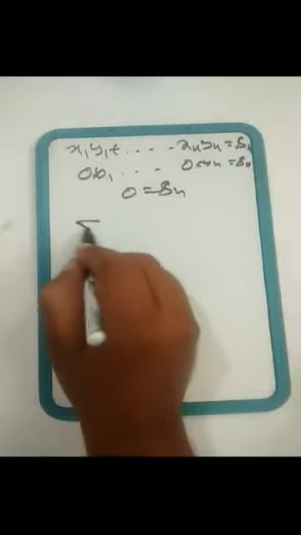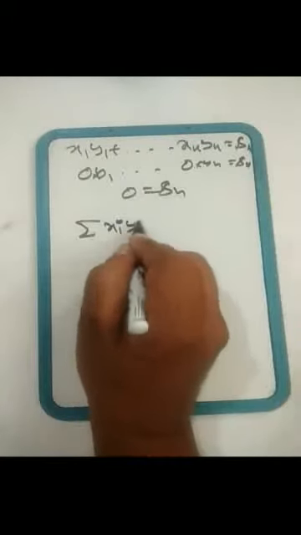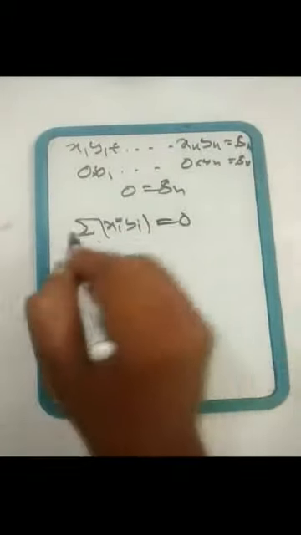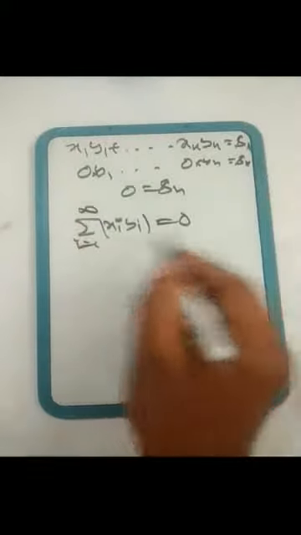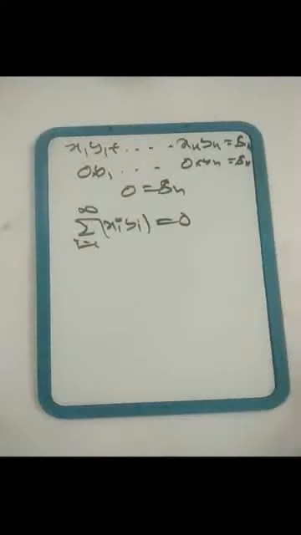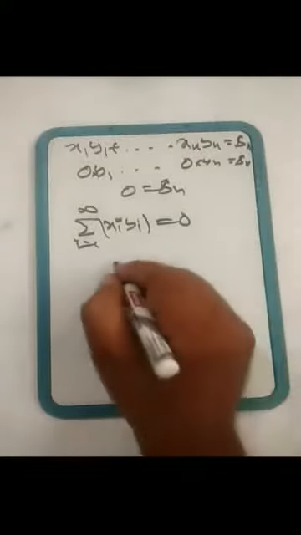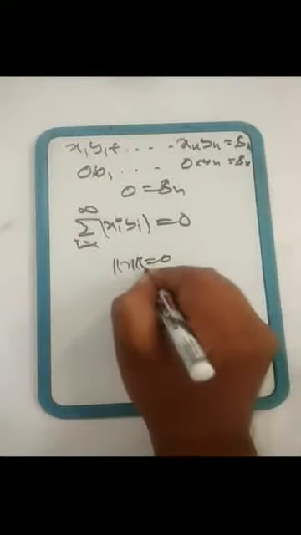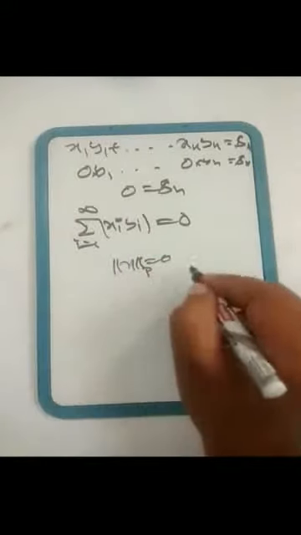In other words, the summation of xi yi in this case is 0. On the right hand side, the pth norm of x times the qth norm of y is also 0. The pth norm is 0, so it is verified.